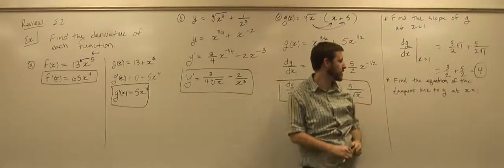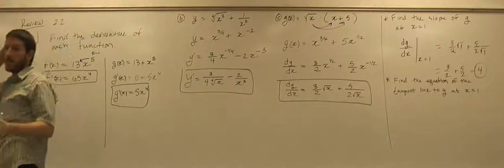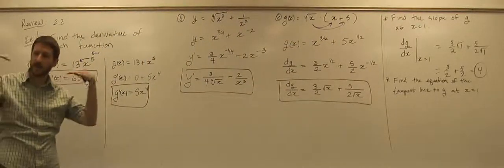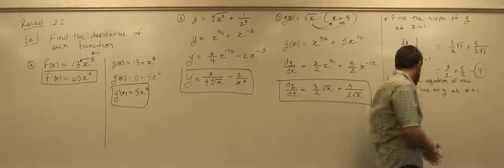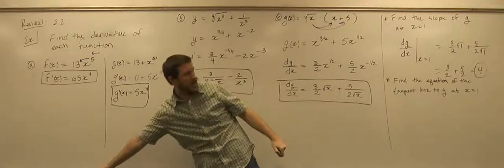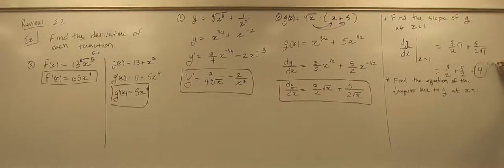Now I want the equation of the tangent line at x equals 1. Yeah, you need a point, right? For the equation of a line, you need a slope and a point. We have a slope, right? This will be my slope of the tangent line. Now I just need a point. So I have my x value of my point. I just need the y value. How can I find the y value? Plug 1 into the original g function.